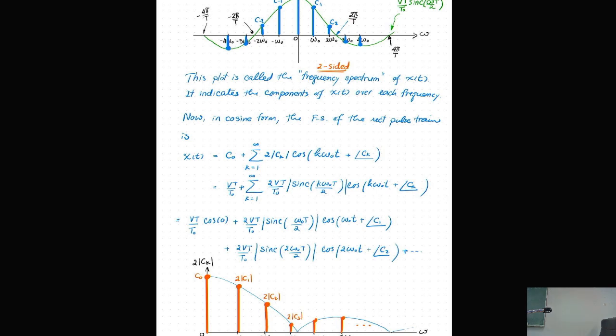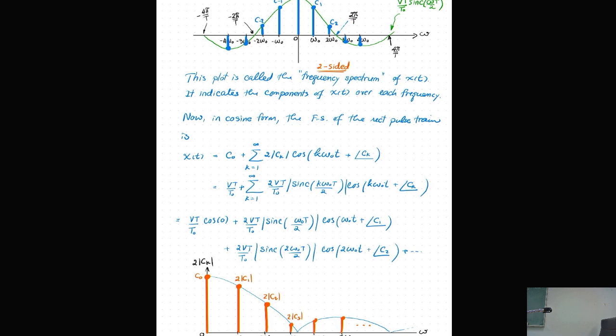See, the two-sided is here, right? When you plot one-sided, it's like you're folding. This is the two-sided frequency spectrum, right? So when we want to plot one-sided, you kind of fold it to be only the positive.